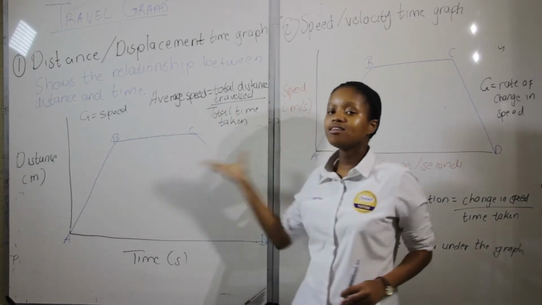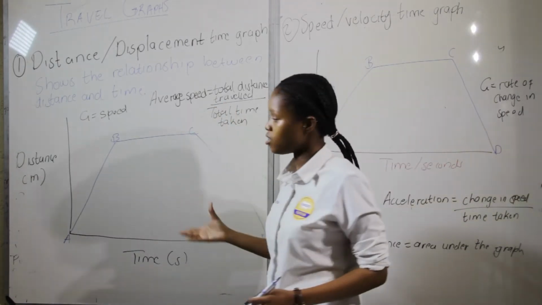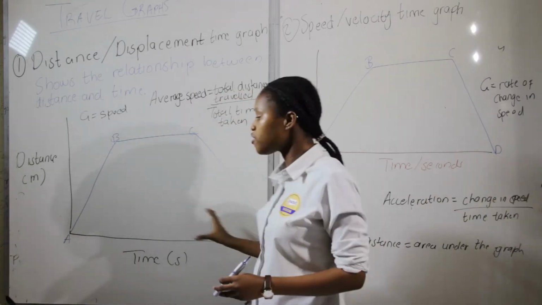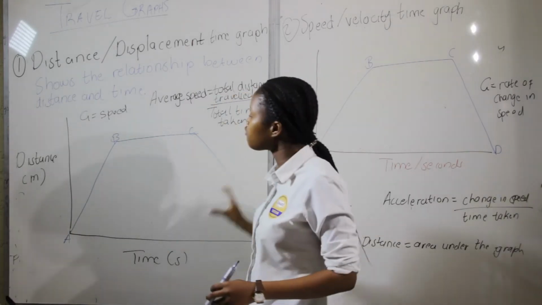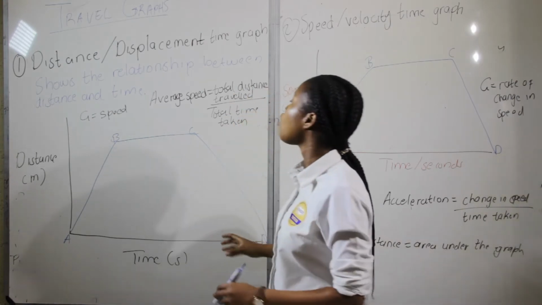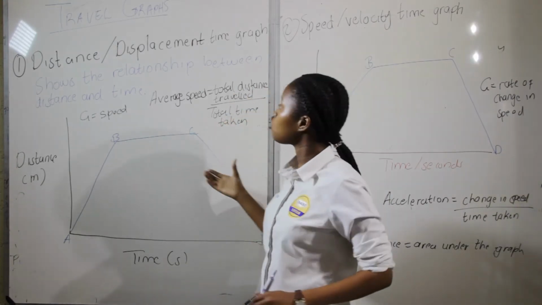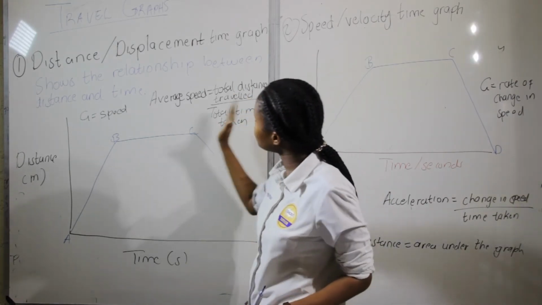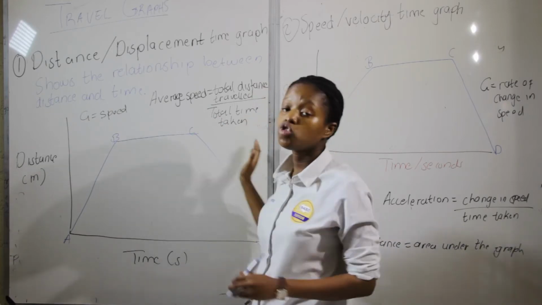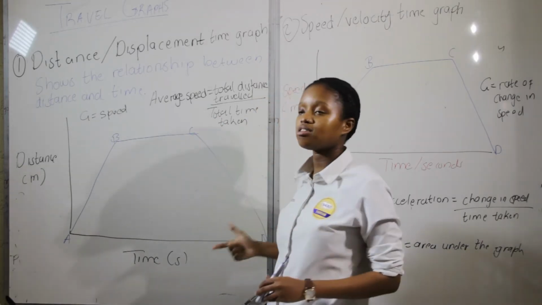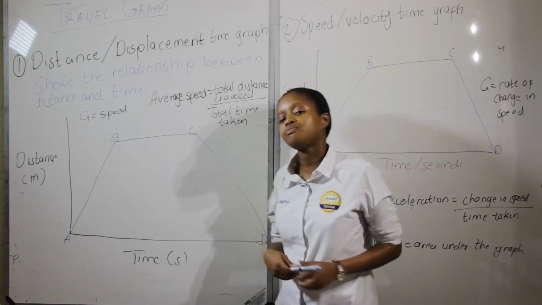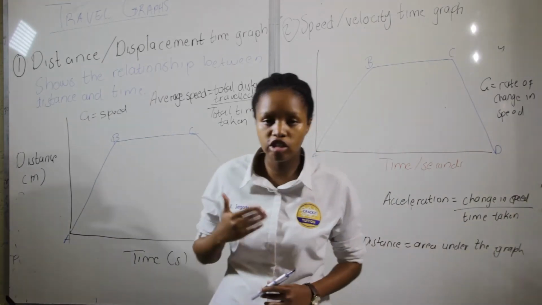So we're talking about totals only. The average, we're talking about every piece of information here. So to find the average speed, you calculate your total distance traveled and your total time taken while traveling. That's how you calculate what you call average speed.